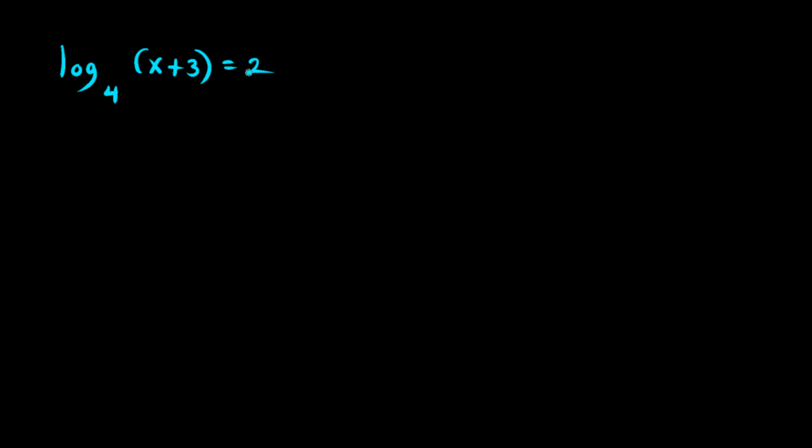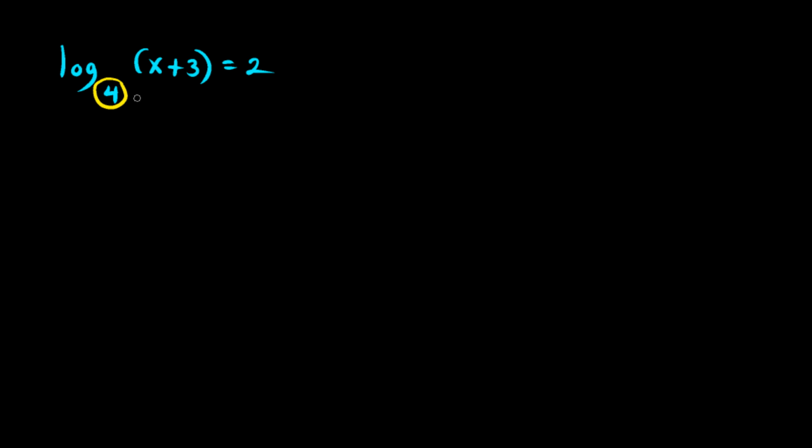So for this problem, you want to simplify as much as possible and then write it in exponential form. You would do that if there's a logarithm only on one side, which this is an example of. So simplify the left-hand side as much as possible, and it already is. You can't simplify that any more than it is.